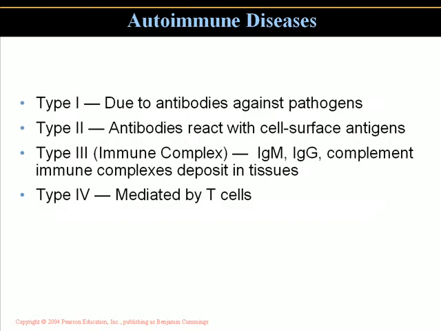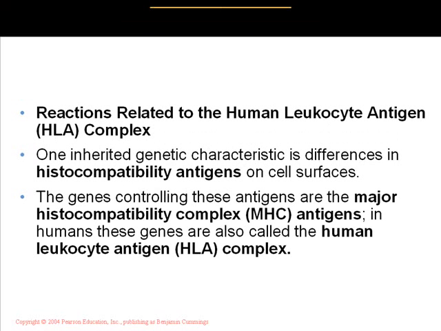Just as a review, again, type 1 reactions are due to antibodies against the pathogen. Type 2, antibodies react with cell surface antigen. Type 3, immune complex, IgM, IgG, complement and immune complexes deposited in tissue. And type 4 is mediated by T cells.